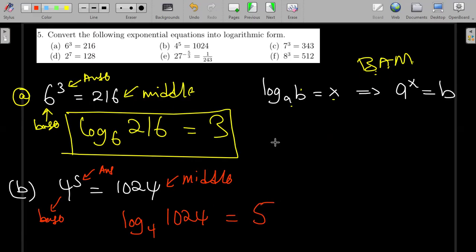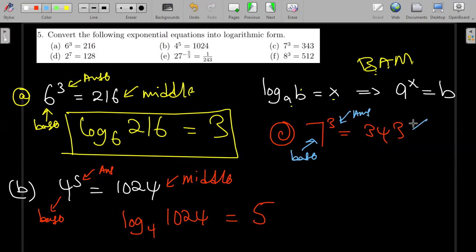Let's do one more, and then I can leave the other ones for your practice. So C, we have 7 to the power 3 is 343. We use the same concept. This is the base, this is the answer, and this is the middle part. So if we turn this into a log, it will be log base 7, and then what is in the middle, 343, is equal to the answer, 3.